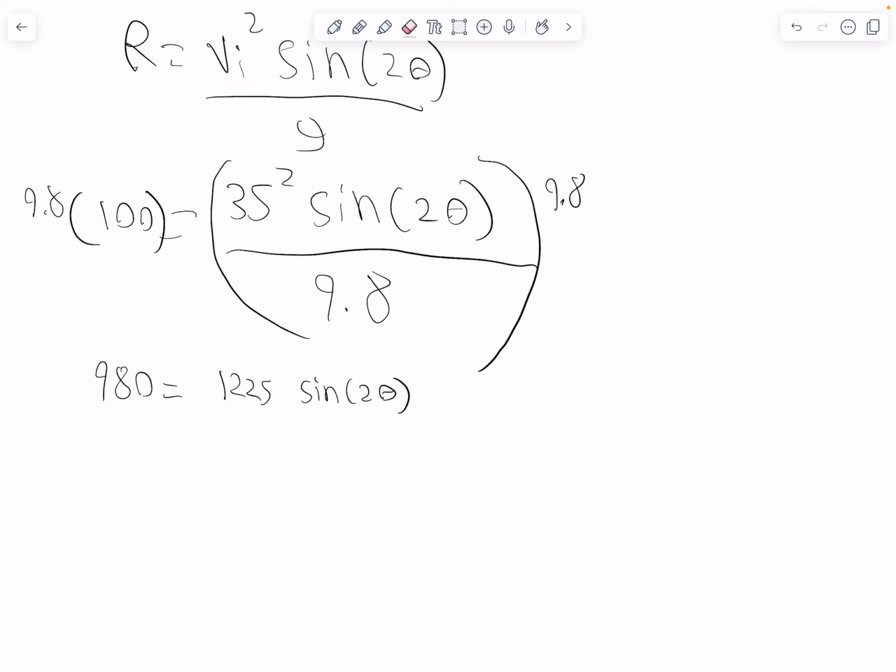Next, we want to get rid of 1,225. Whatever we do on the right, we must do on the left. Sine of 2 theta equals 980 divided by 1,225, which should give us 0.8.